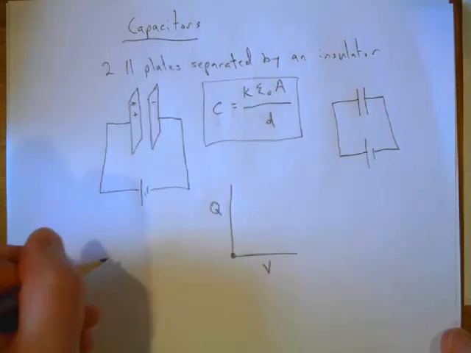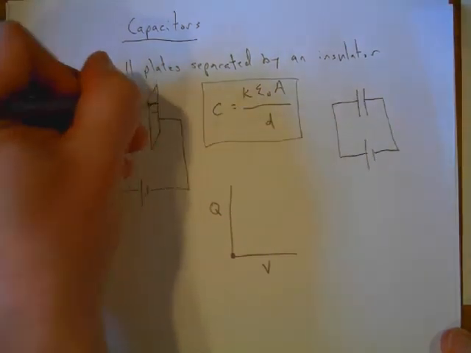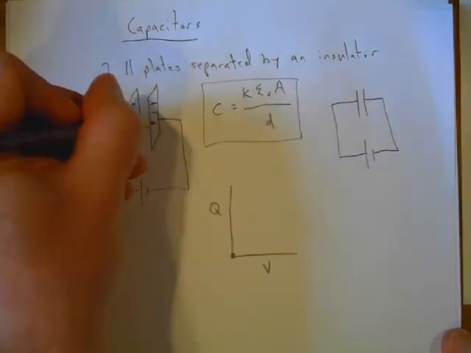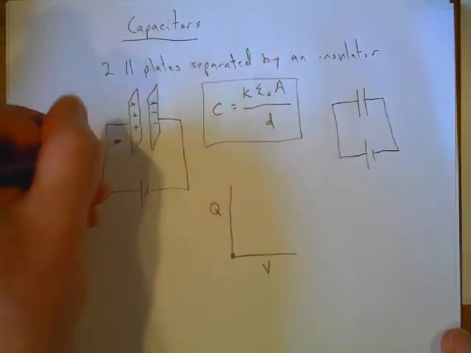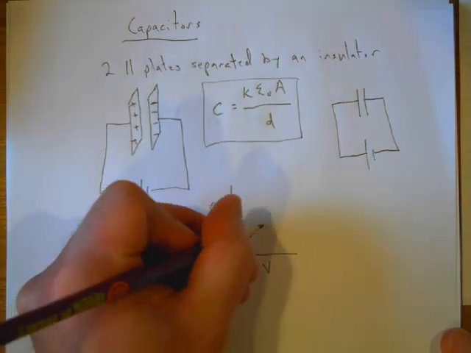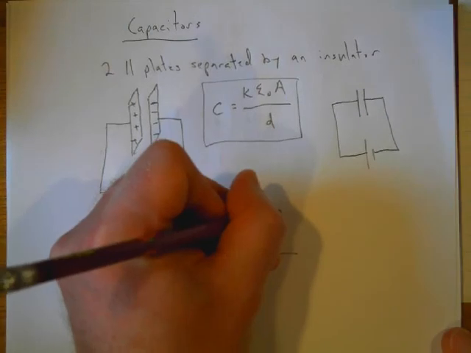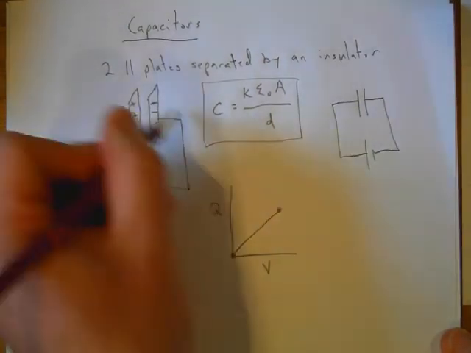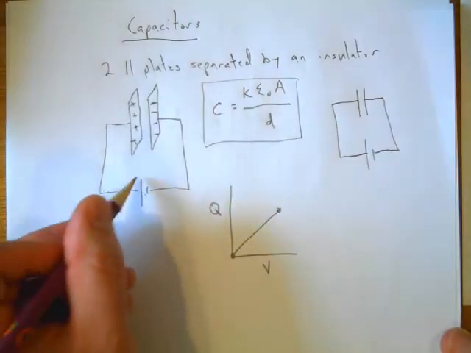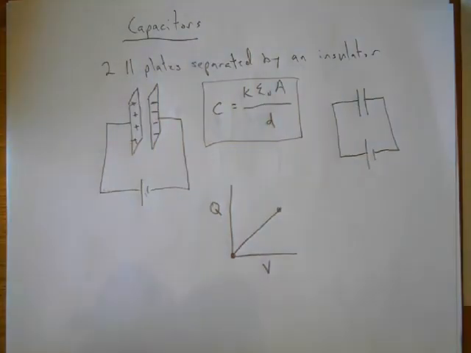Then another positive charge gets pushed on here, it scares a charge off the other side, giving that a negative charge, and so on. This process continues until you get to a point where, for this particular circuit, if you do your loop rule, this voltage and this voltage would have to be the same.